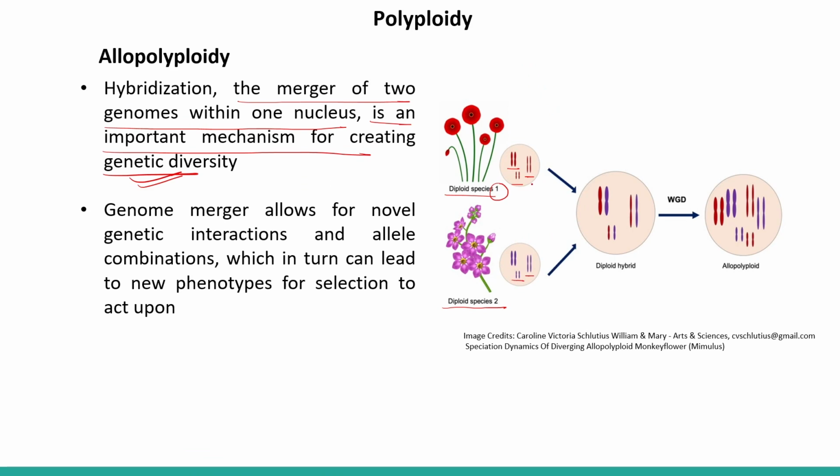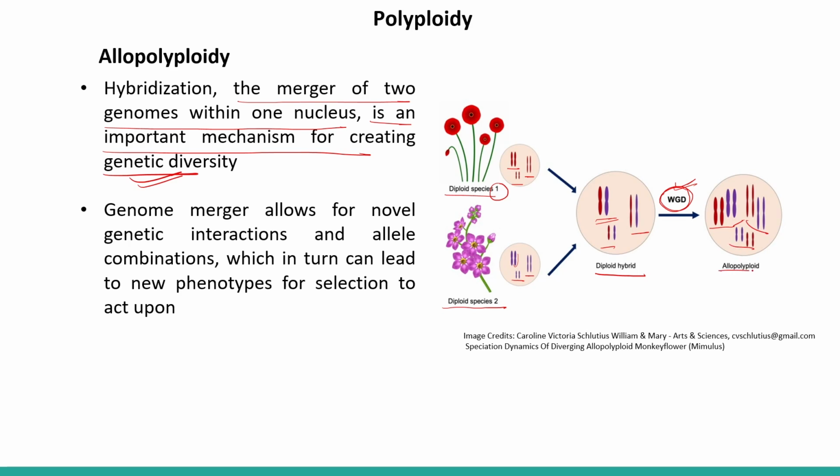When they are merged together, it is called a diploid hybrid. We have one chromosome from each, and then whole genome duplication, WGD, occurs.